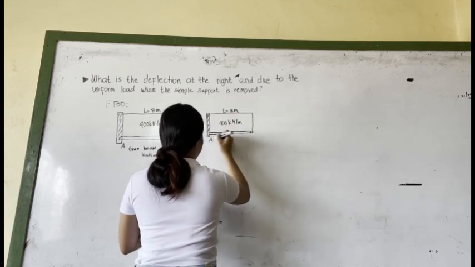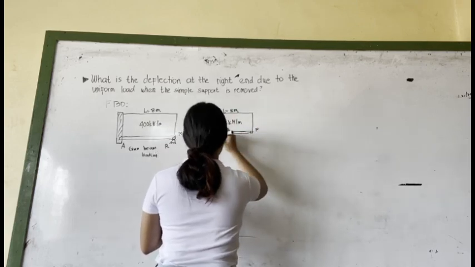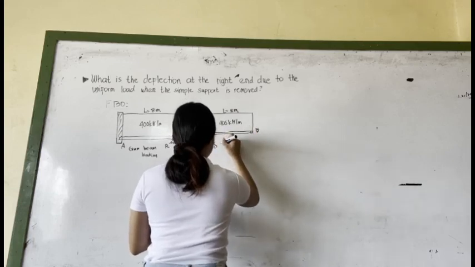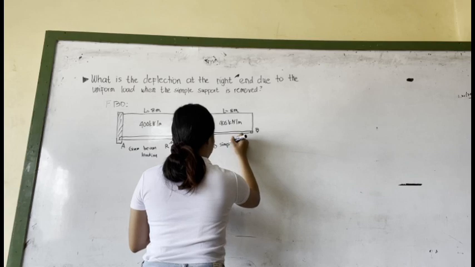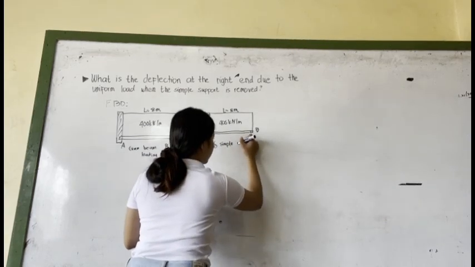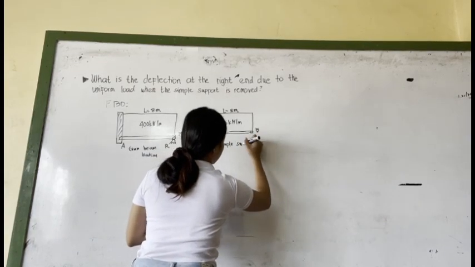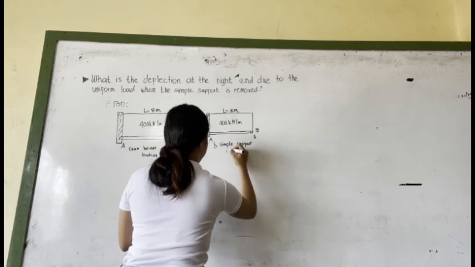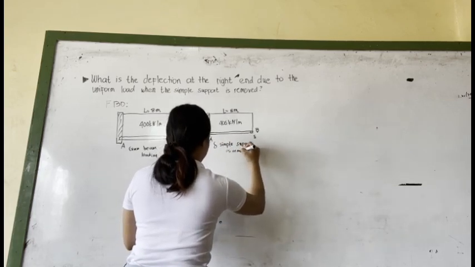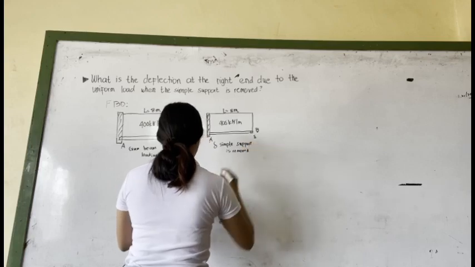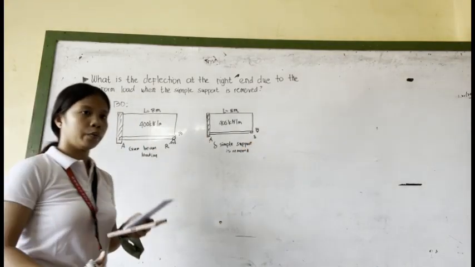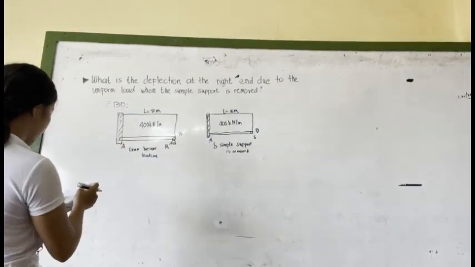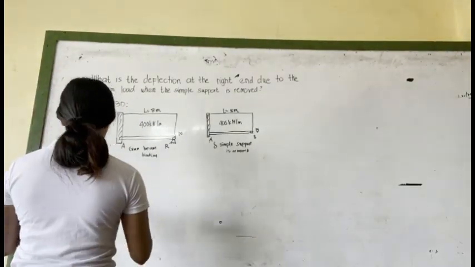And here is our B and here is our A and here is our B. And this is our deflection when the simple support is removed. And now we will solve the deflection of our problem at B when the simple support is removed.